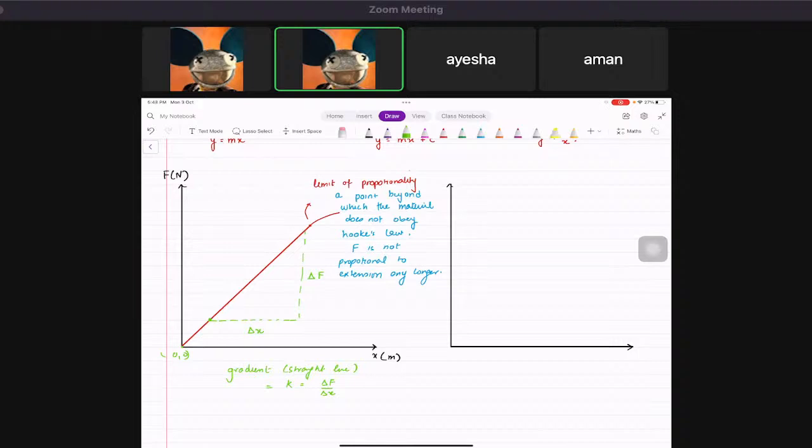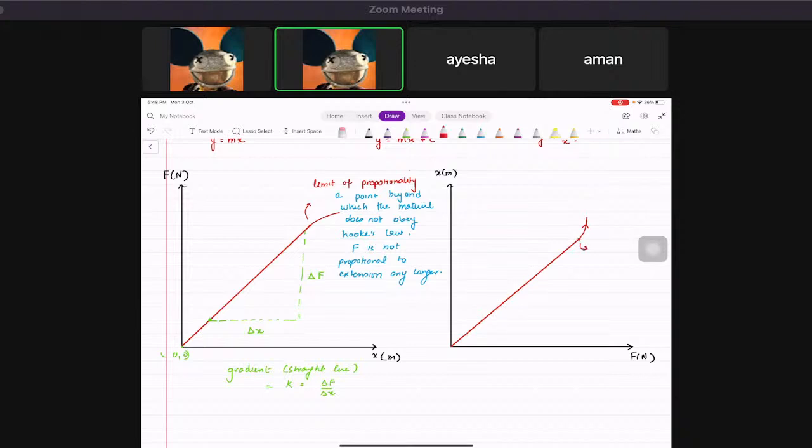As far as the other one is concerned, if they give you extension on the y-axis and force on the x-axis, all that basically changes is this. The graph will be a straight line, but when it reaches the limit of proportionality, it is going to curve towards the extension axis.